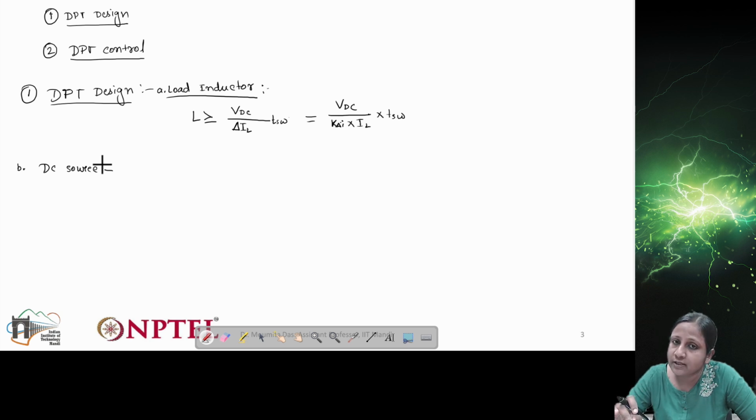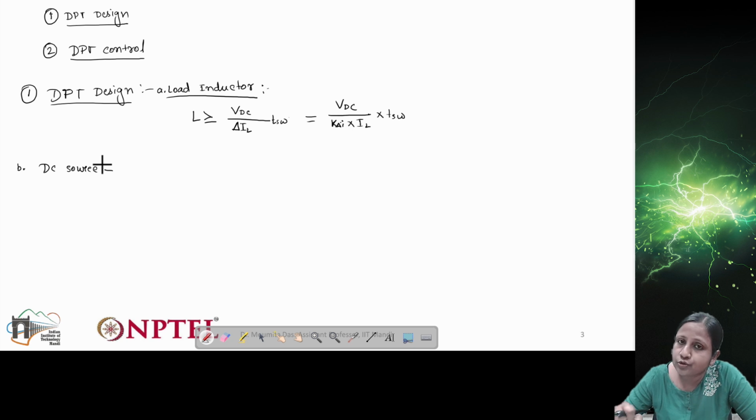If the maximum DC voltage is, let's say, 1000 volts, then we have to select a DC source able to provide 1000 volts, meaning the voltage rating of the source should be more than 1000 volts. The amount of current it should be able to provide depends on the minimum current rating of the device. If the test condition given is, say, 5 to 24, then we have to select the minimum current.